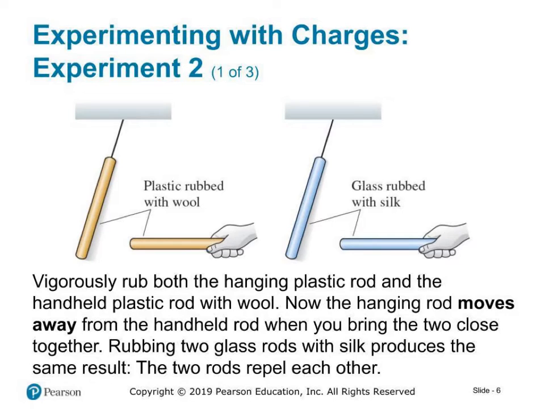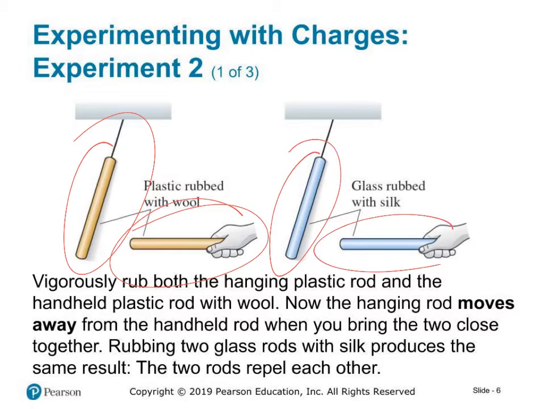So if you rub two plastic rods, because we're going to use plastic instead of amber, we don't really deal with amber, it's not readily available, so we're going to use plastic, even though I know this is a slideshow. So if you take two plastic rods, you charge them up by rubbing them, they repel. The same thing happens with silk and glass.